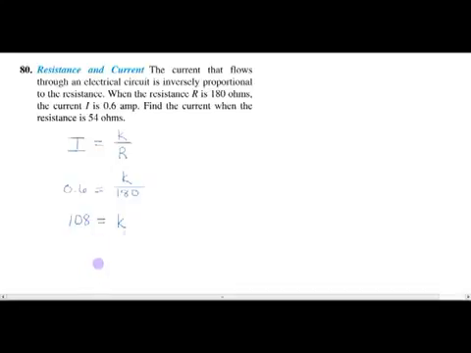So K is 108, and we know the model is I equals 108 over R. Now find the current when the resistance is 54 ohms. So we have I equals 108 over 54. When we simplify that, we get an I of 2. And remember, I is measured in amps, so we have 2 amps.